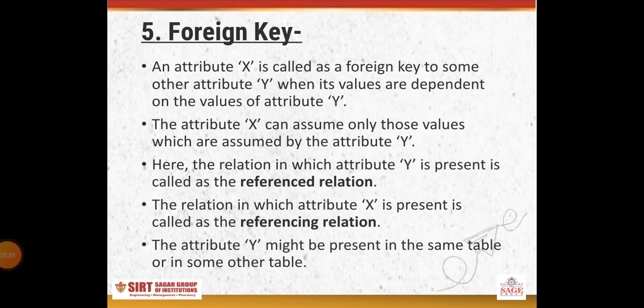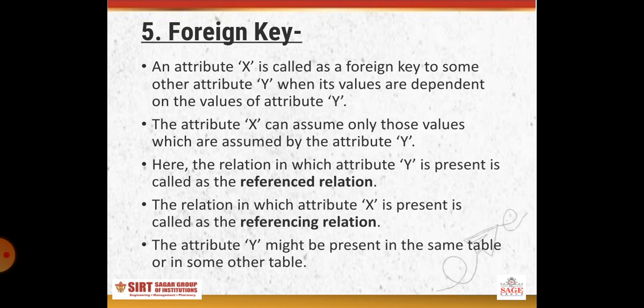Then comes foreign key. An attribute X is called a foreign key to some other attribute Y when all values are dependent on the value of attribute Y. The attribute X can assume only those values which are assumed by the attribute Y. Here the relation in which attribute Y is present is called the referenced relation, and the relation in which attribute X is present is called the referencing relation.